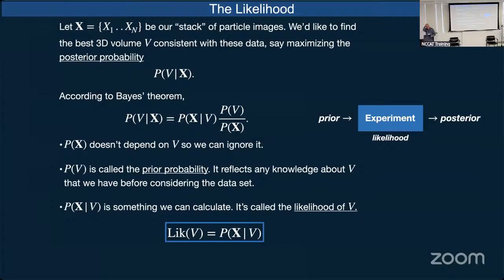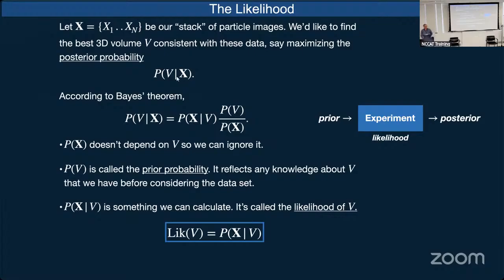Now, what we'd really like to do is find the best volume based on our entire data set. So that's what this is: the probability of a given volume based on the entire data set.